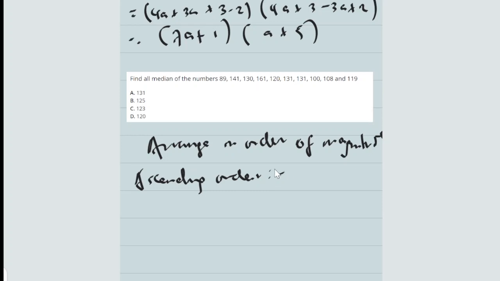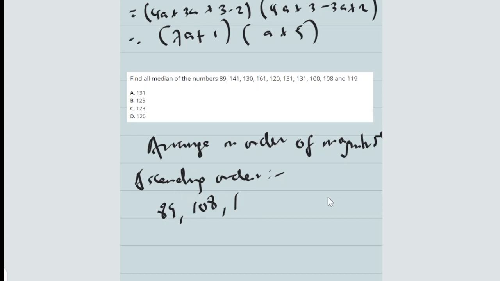The least number here, I think it is 89. After 89, I think it is 108. Am I correct? After 89 is 100.